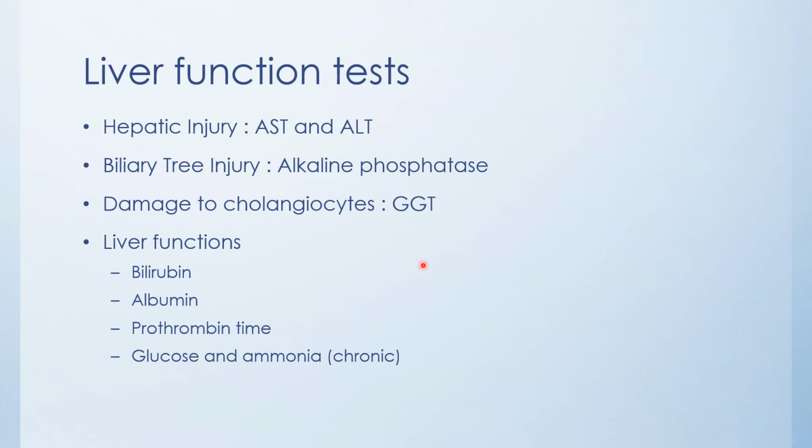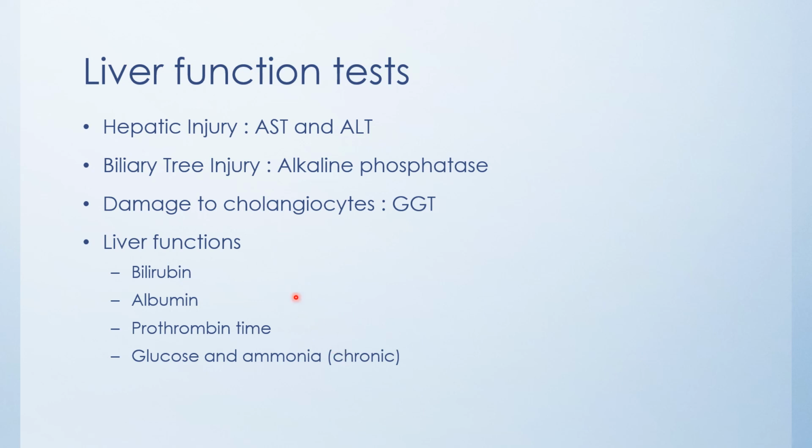And whenever you ask, this is a very common question, about the liver functions. The above tests are tests for liver injuries, so injuries in a particular part of the liver. But for function, you all know that the functions of the liver are conjugation, production, and secretion.